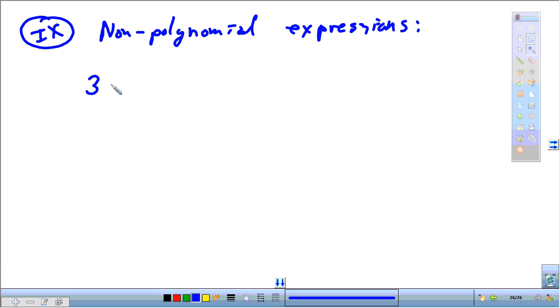Sometimes we get something that is not perfectly a polynomial, but looks a little bit polynomial. 3x squared plus 2x to the minus 3 plus 4x. It's not polynomial because one power is negative, so it's not a nice whole number. It has a negative power.